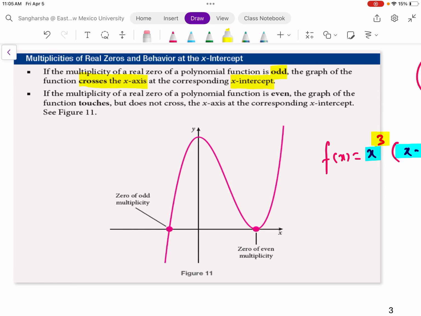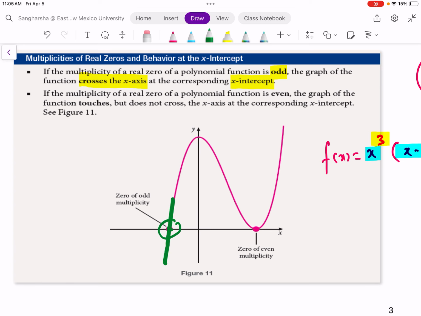Here in the graph we have this point. What is the graph doing here? The graph has crossed the x-axis, so at this point we have an x-intercept. If the graph crosses the x-axis, the multiplicity is odd.